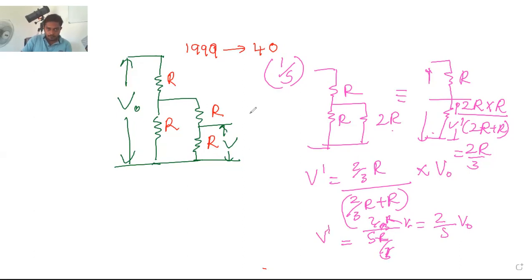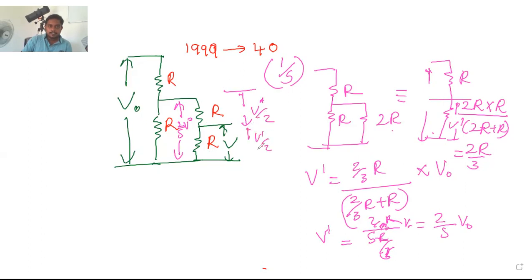Okay, this is for here. The voltage here is 2/5 V0. You have two R's of the same value, so the voltage is divided equally between these two parts.